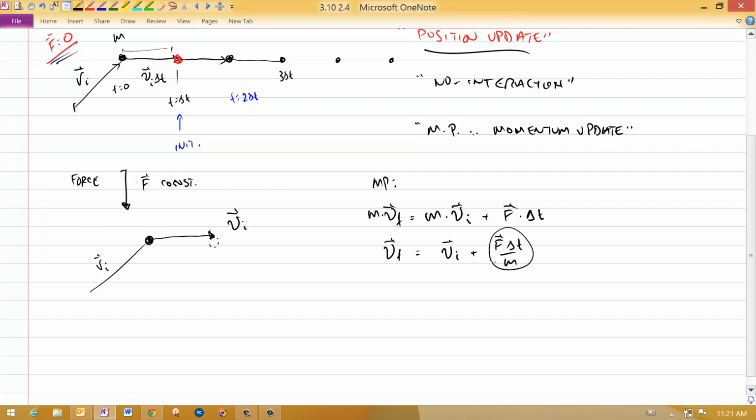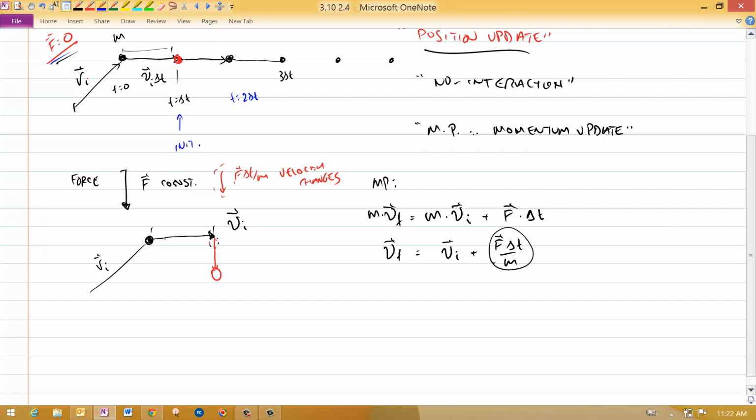And this is a constant vector. If that's what the force is, I'm going to let this little red vector be F delta t over m. That is how much the velocity will change by. Here is my initial velocity, but the final velocity is going to be changed because of this vector. So instead of the particle winding up here, it has to wind up here.